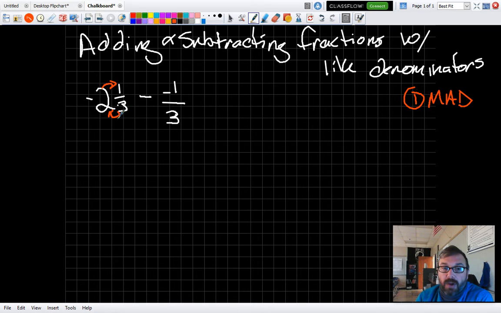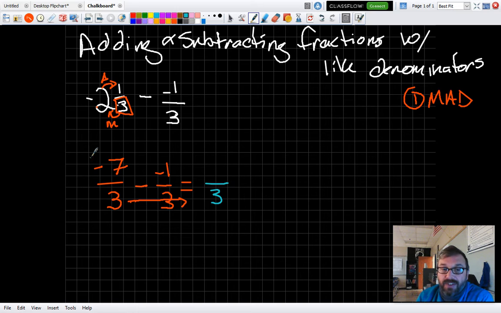I multiply my 3 times 2, add my 1. 3 times 2 is 6, plus 1 is 7. Of course, this is a negative, and I keep the denominator. So negative 7/3. Now I'm going to rewrite the rest of the equation: minus a negative 1/3 equals. I have the same denominators, so I can just keep my denominator of 3 all the way through.